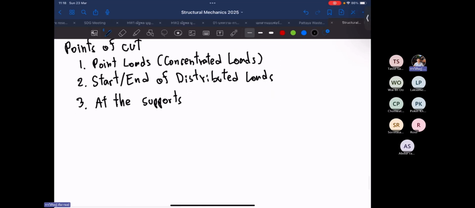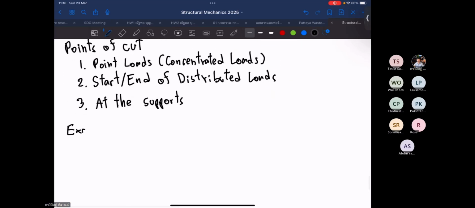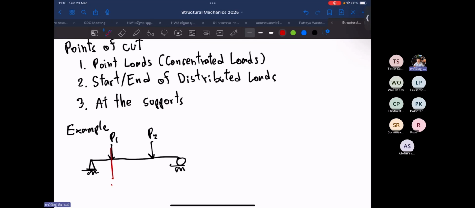For example, if I have this beam with point load P1 and point load P2 like this, we have to cut this one first and this one second.